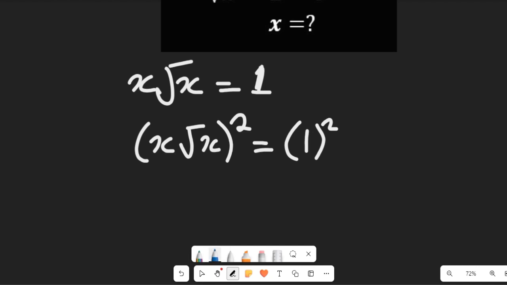Now remember the law of indices, that if I have a multiplied by b all to the power of x, I can simply separate this index to give me a to the power of x multiplied by b to the power of x, right? Good.